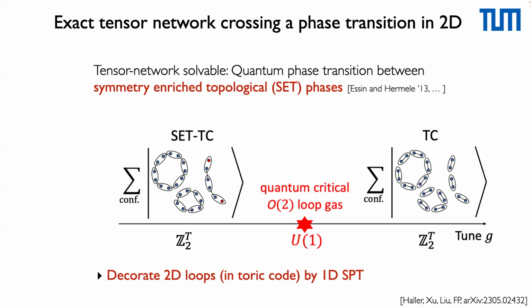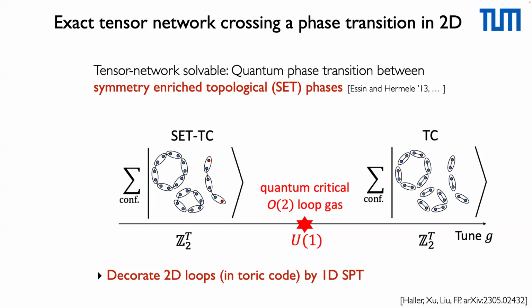And what we have basically done in a similar fashion is to write down a tensor network state which now interpolates between a symmetry enriched toric code and a trivial toric code. The way that it works, and I don't want to go into a lot of details here, is that we think of the toric code as being made out of decorated loops.